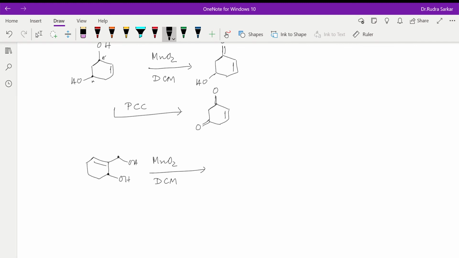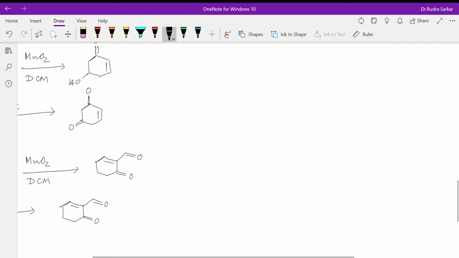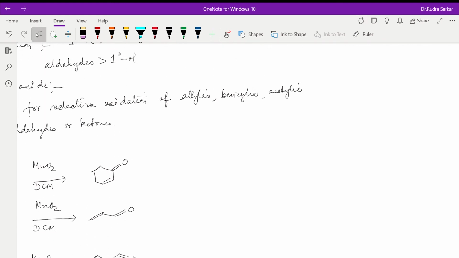Okay, but both are allylic alcohols, hence they will be oxidized, and the product that you will get is this. If you are using PDC, then also it will be oxidized to aldehyde, and the second one to ketone. Let's try a few more.